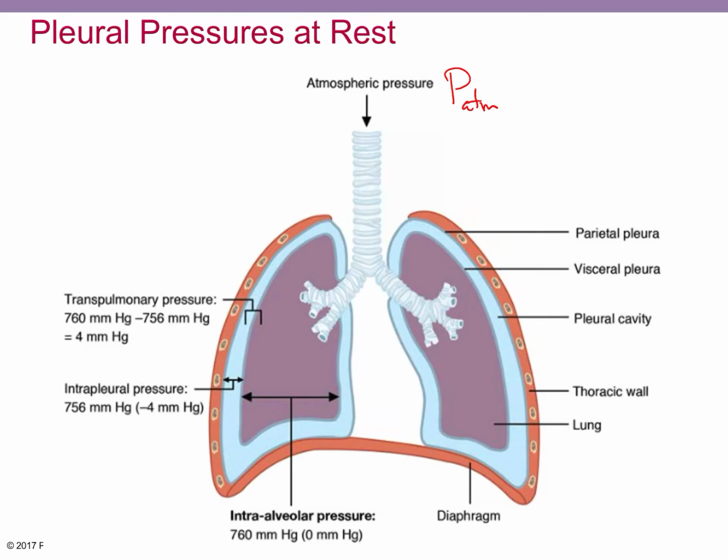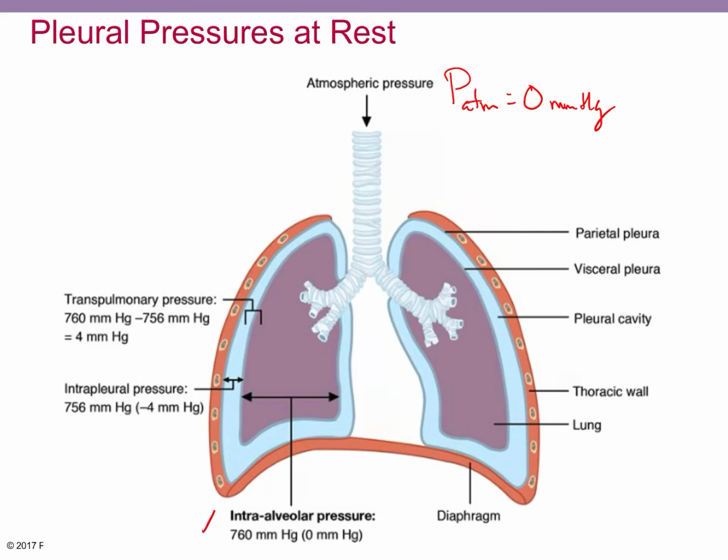All the other pressures given here are relative to the atmospheric pressure. So we can just negate the 760 because it could be anything. We don't know where we're living. Are we up high on a mountain? Are we at sea level? So we just say 0 millimeters of mercury.